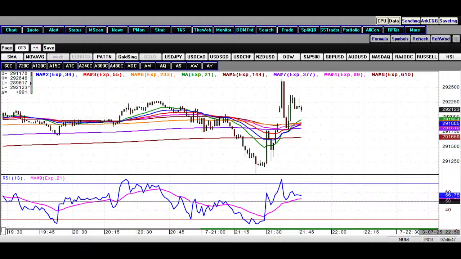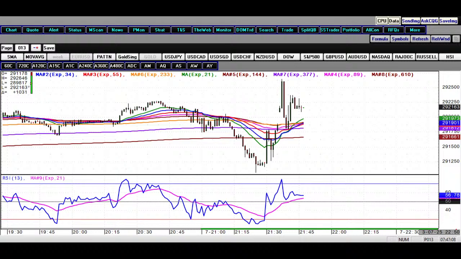Okay, so the market is still in a dilemma. Since we are already out, we can go for a re-entry.